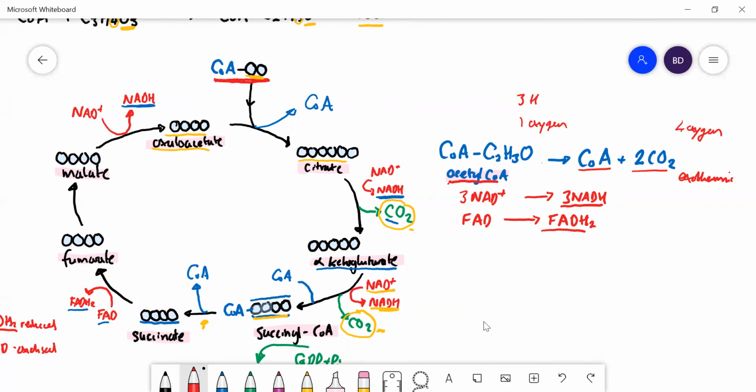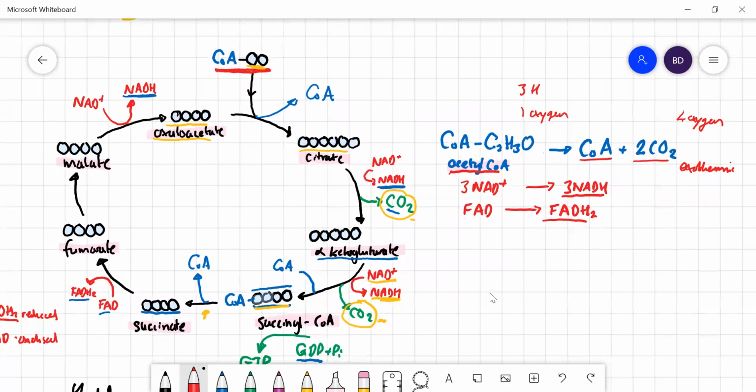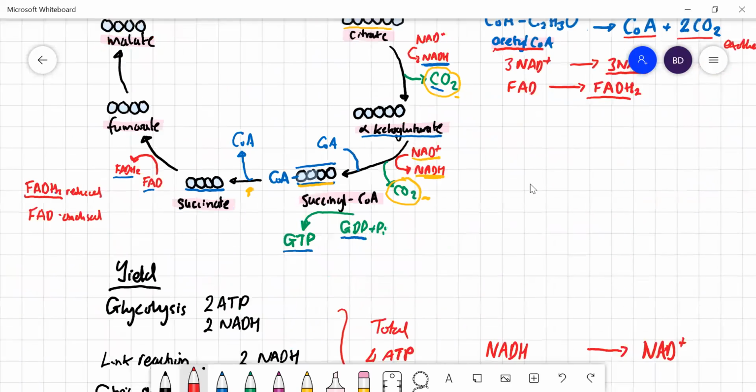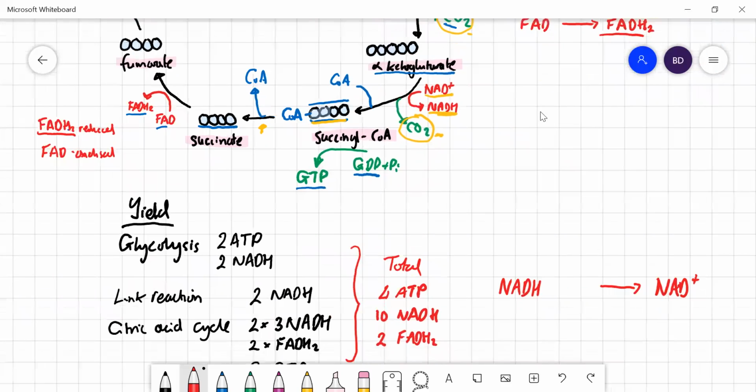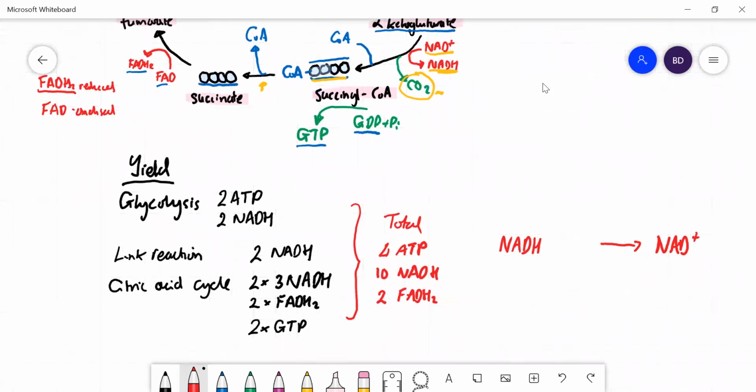The next part of respiration, which we'll cover in the next video, will explain how they give you ATP. But we'll just have a look at the yield. What have we got so far? Glycolysis, per glucose molecule, gives 2 ATPs and 2 NADHs.